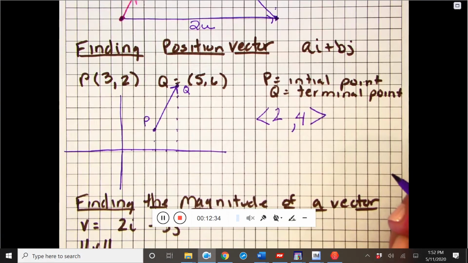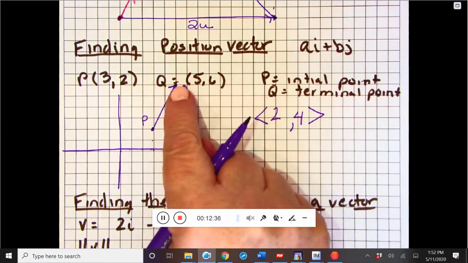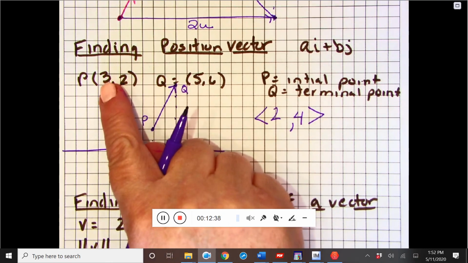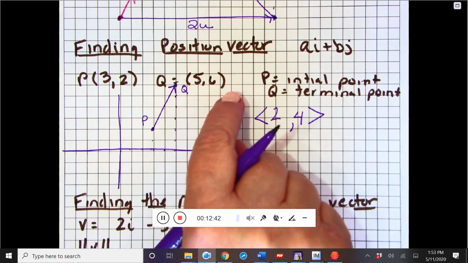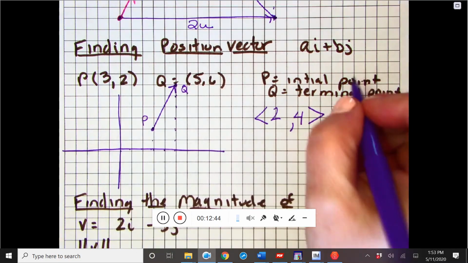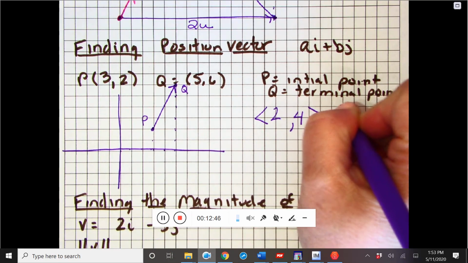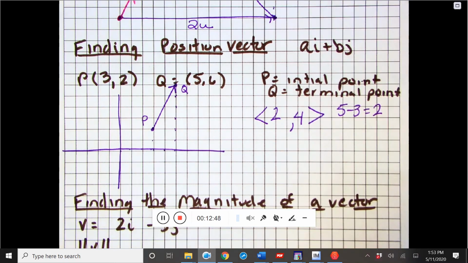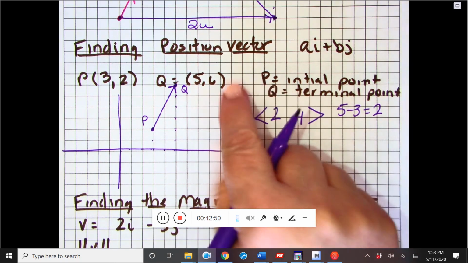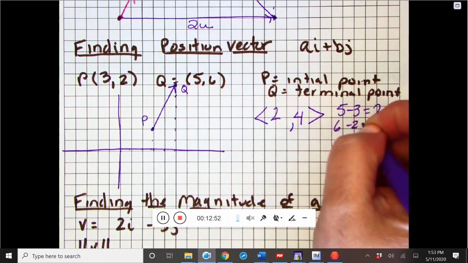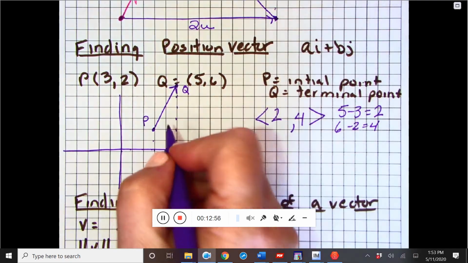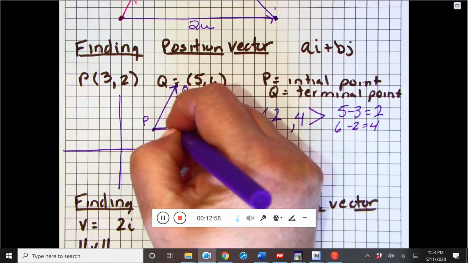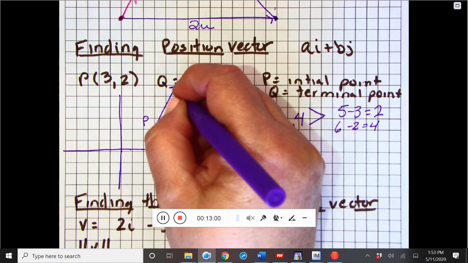And basically I got the horizontal component by subtracting the two x's, and you always do the terminal point minus the initial point. So it's 5 minus 3, which gave me the 2, and then 6 minus 2, which gave me the 4 for the vertical distance. So this vector is 2 this way and 4 this way.